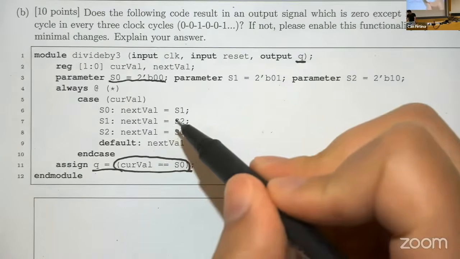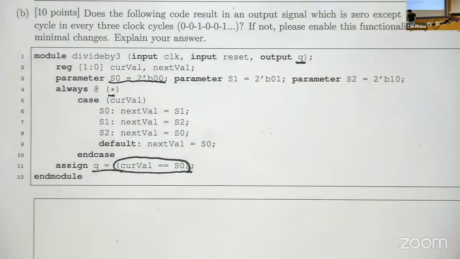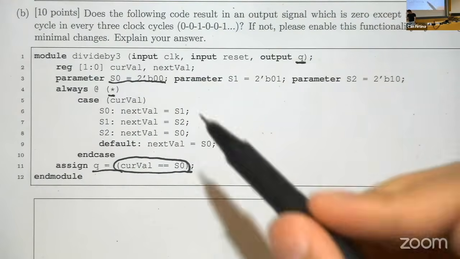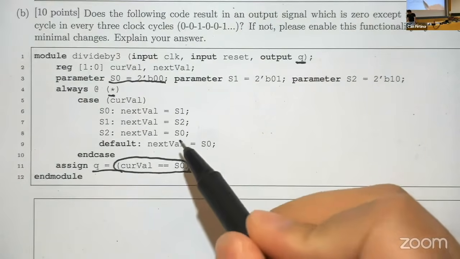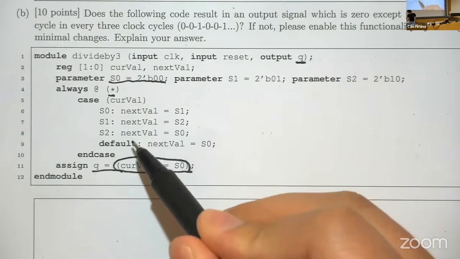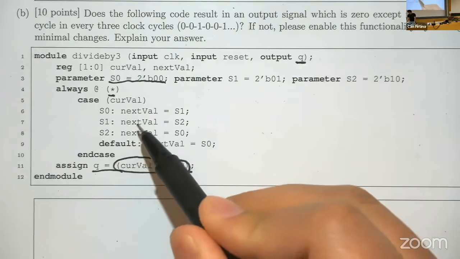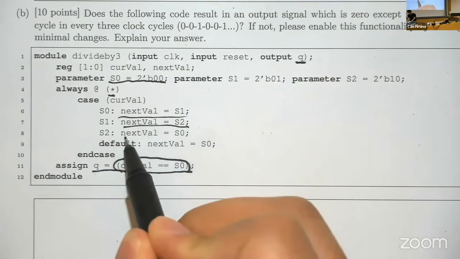And the always statement, which is triggered on every input, like it's an always at star statement, is where we define our combinational circuit, right? We look at the current value, and depending on its value, we set the next value to either S1, S2, or S0 here.